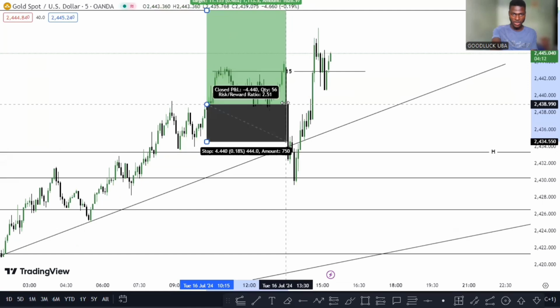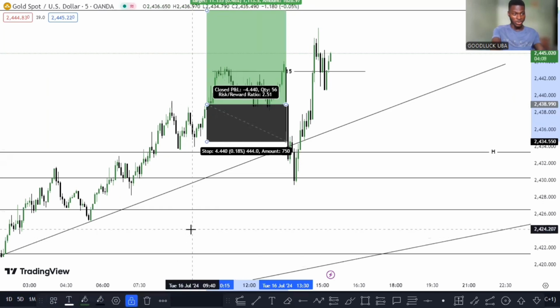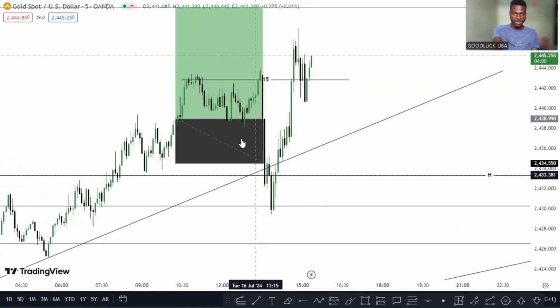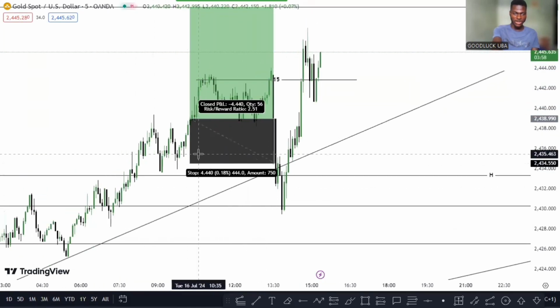I think at this point I got stopped out. Actually, I didn't get stopped out, I hit break even. That's the thing. I tightened my stop loss.